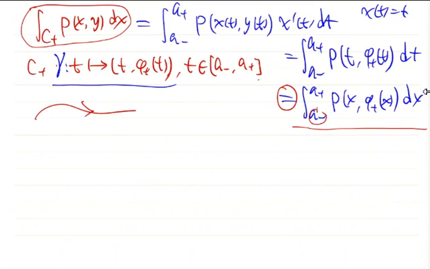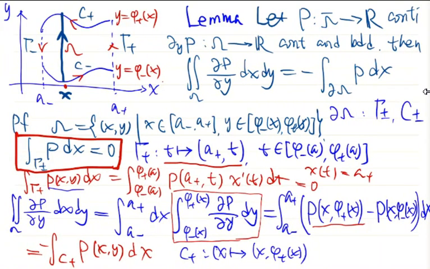So the orientation of this computation for C plus is not the same as in our lemma, because in our lemma, for our C plus, we use the orientation indicated by the red arrow, from right to left. So we need to add a minus sign for this integral. Okay. So the first term we already know: it is a minus sign times the integral over the curve C plus.